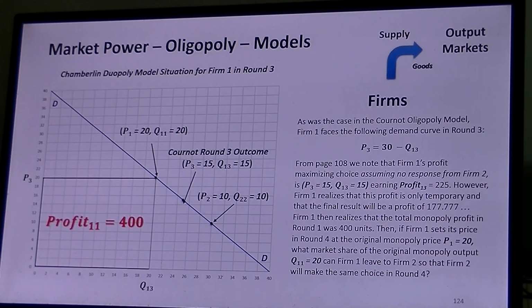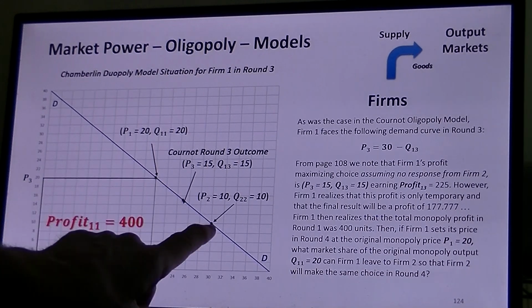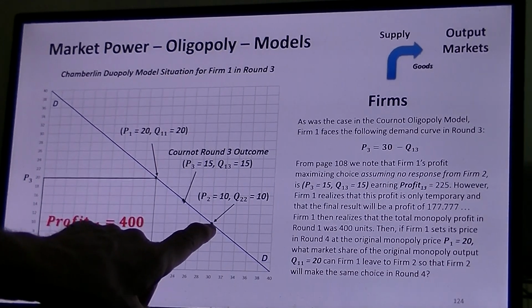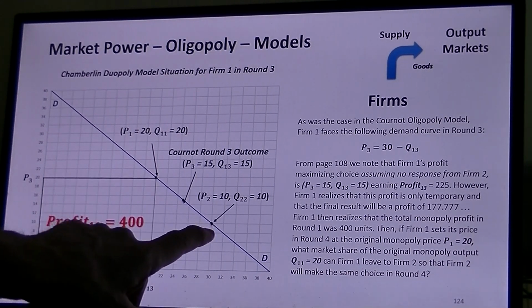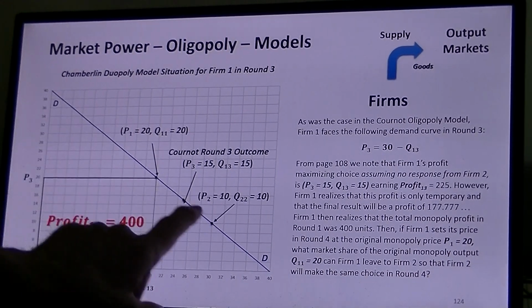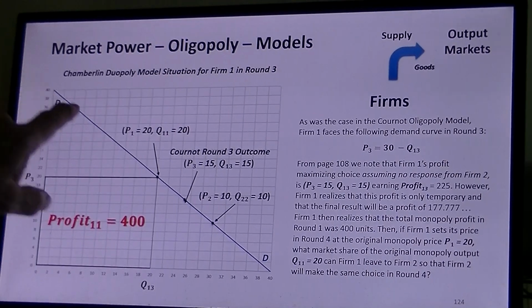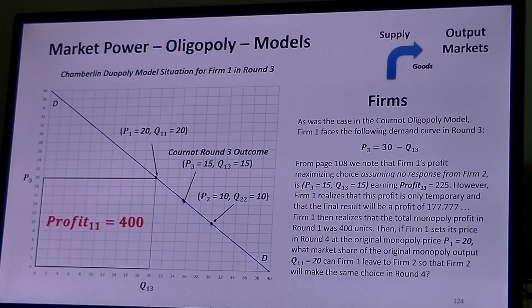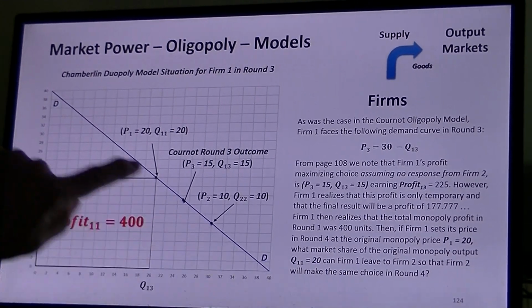As we recall, here was the choice, just as in the Cournot model. Here in the Chamberlain model, we have the same demand function: P1 equals 40 minus Q1. That's the initial market demand.